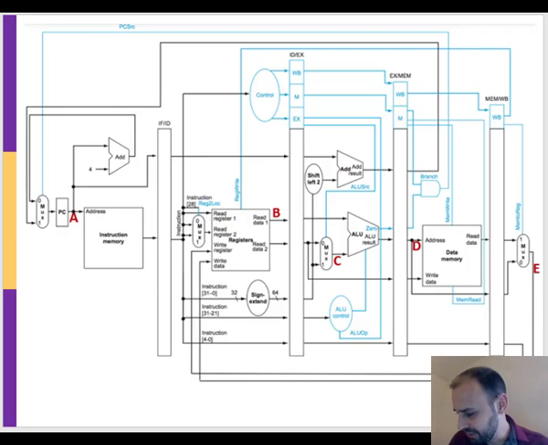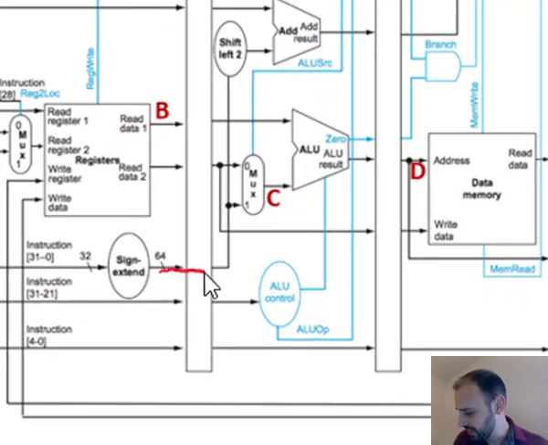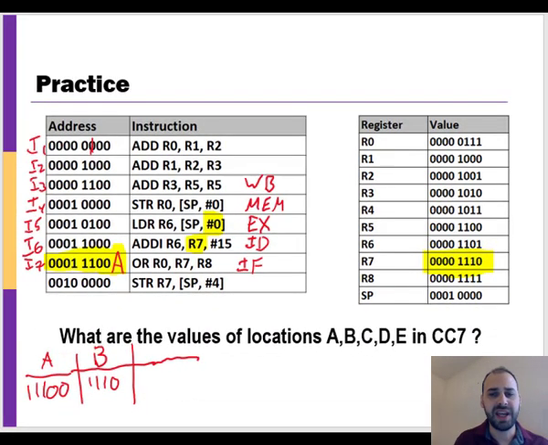Recall that the processor for an I-type instruction is going to follow this path here. It takes the immediate field through the sign extender, and the ALU source control signal sends a 1 to select that value. So that's the offset value. So we know that location C is going to be 0 for the offset.